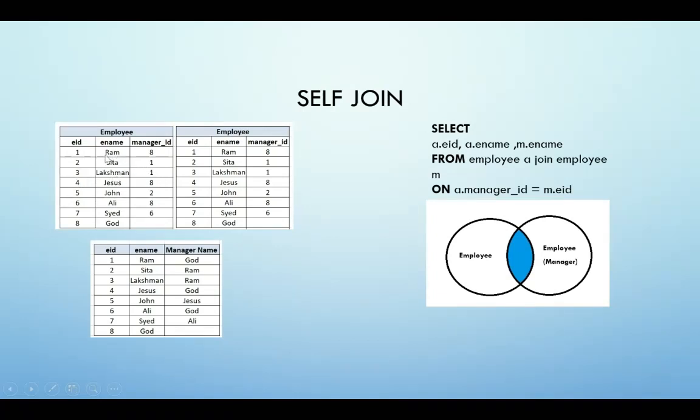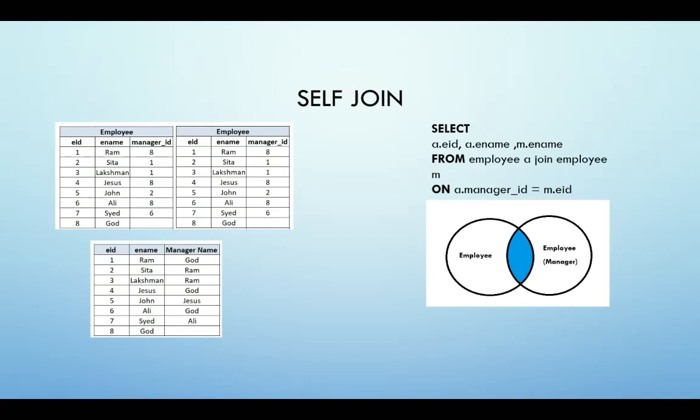So for a single person, Ram, 2 people are reporting: one is Sita and another is Lakshman. Similarly, for Jesus, we have the manager as God. For John, the manager is Jesus. For Ali, the manager is God. And for Syed, the manager is Ali. If you see this hierarchy over here, under God we have 3 employees: Ram, Jesus, Ali.